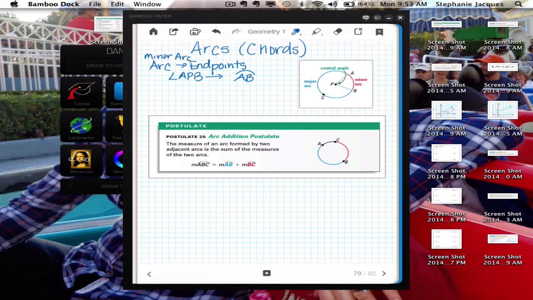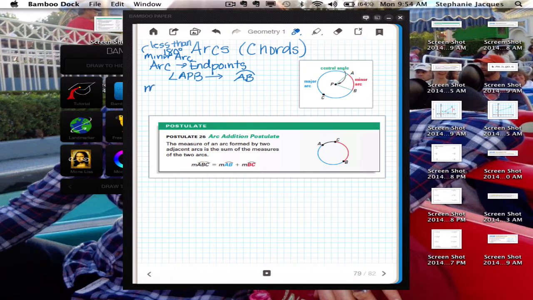So we're going to put up here minor arc. And all a minor arc is, is that it's less than 180 degrees, because at 180 degrees, that's going to be a semicircle. So this one would be considered a minor arc because it's less than 180.